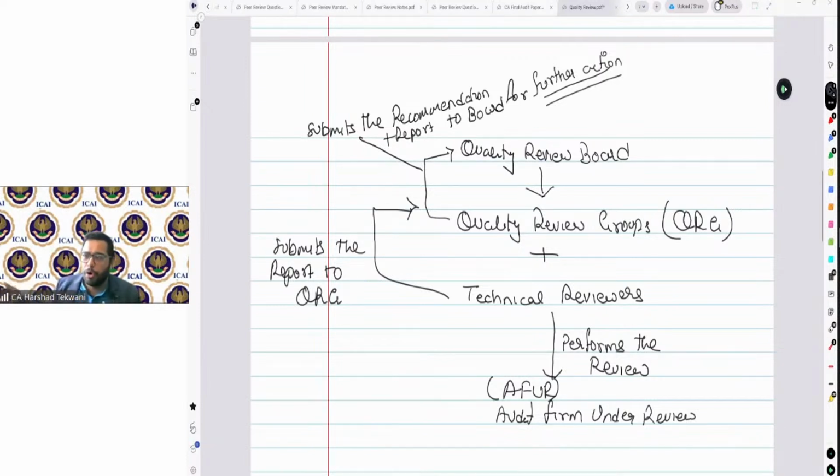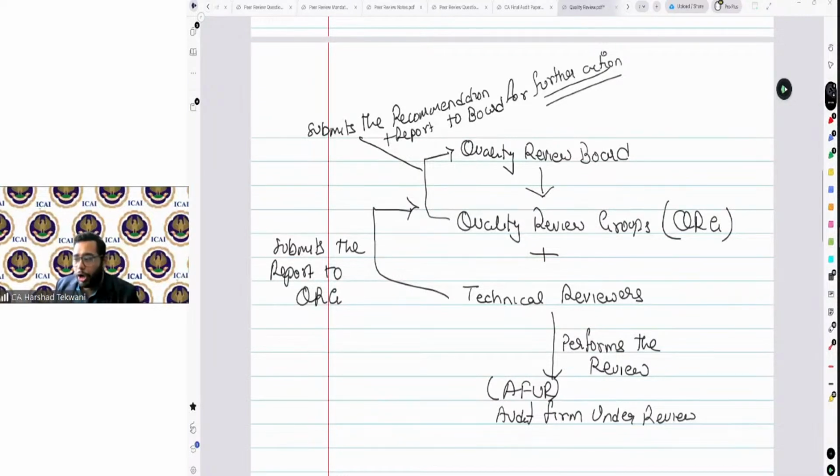So peer review is more on the improvement side, and it focuses more on the improvement of audit quality or the quality of assurance engagement. It does not focus on identification of issues and reporting them to the disciplinary committee.